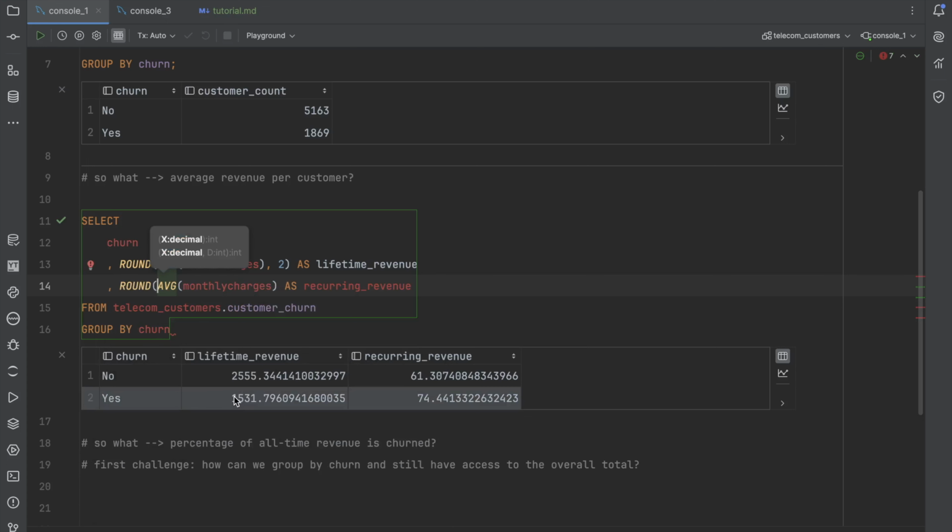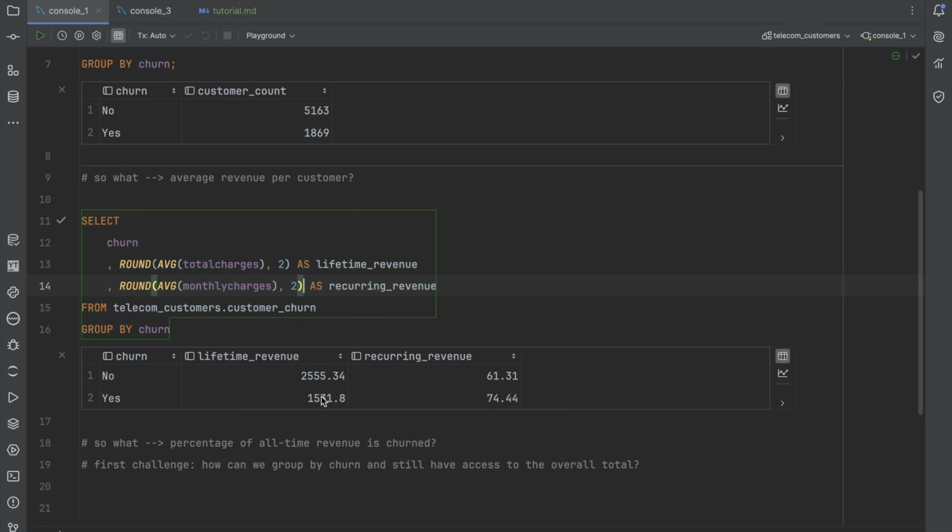If these are US dollars, nobody's talking about 400 decimals of a dollar. People would only care about up to 2 decimals at most. So let's just round to 2 decimals for both of our outputs, and this is going to reduce the clutter. We now only see the information that's relevant, and our columns have nice labels.